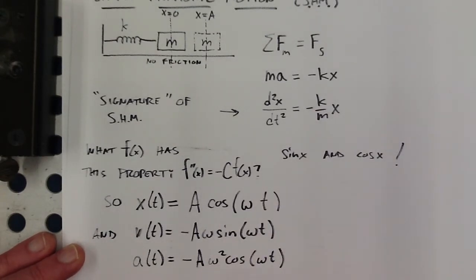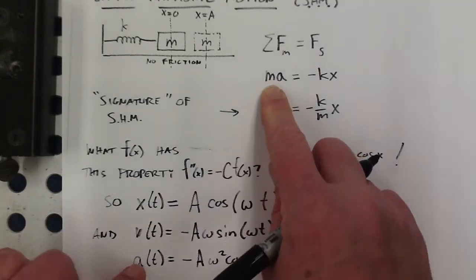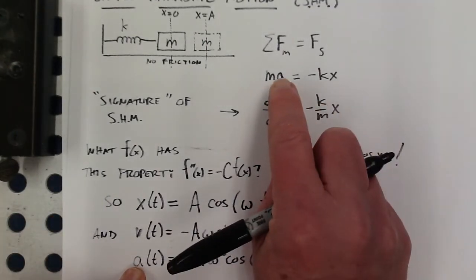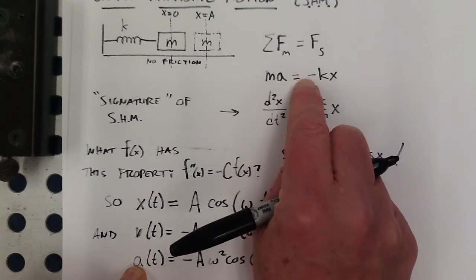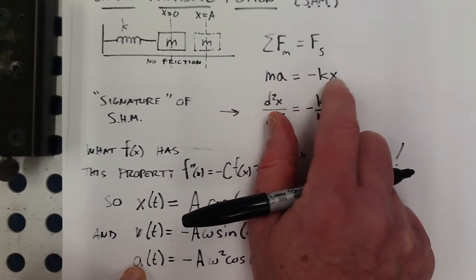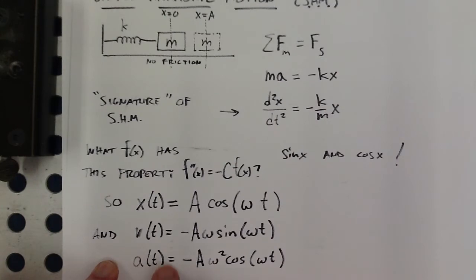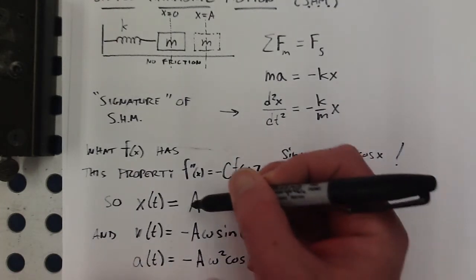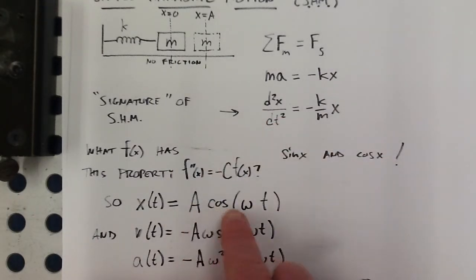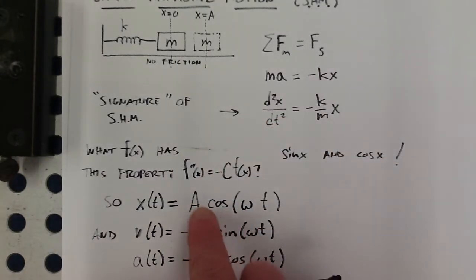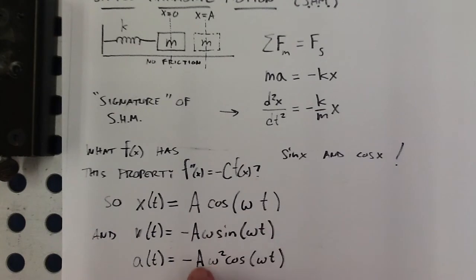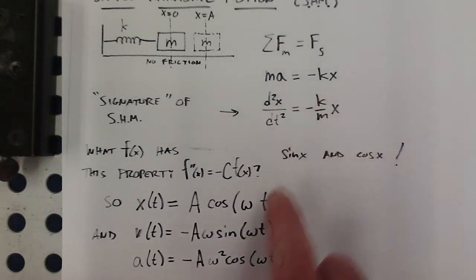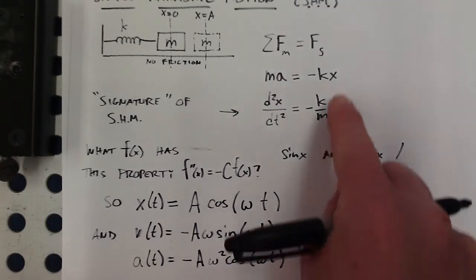And that is the relationship that we're looking for. You can see how that matches up to this. I knew that acceleration was going to equal negative something times x. And there it is. Acceleration is equal to negative something. The something is omega squared times x, because x is A cosine omega t. So the thing here that popped out is negative omega squared.